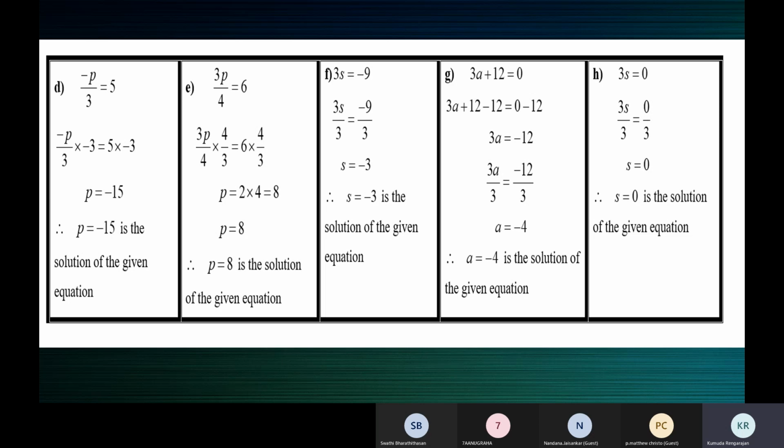Now, when you have a negative p, you can first multiply by 3 and then multiply by -1. No, since I'm not very sure about your question, I don't understand your meaning. You may be making sense, but I'm not able to follow your question. I don't want to answer that.